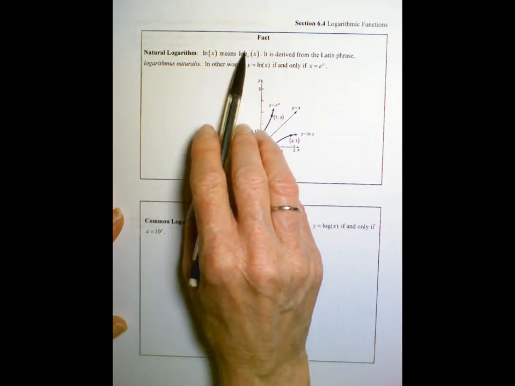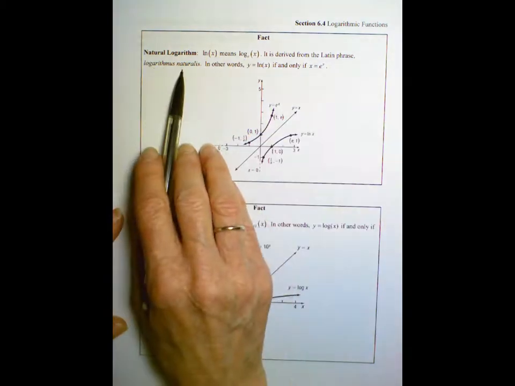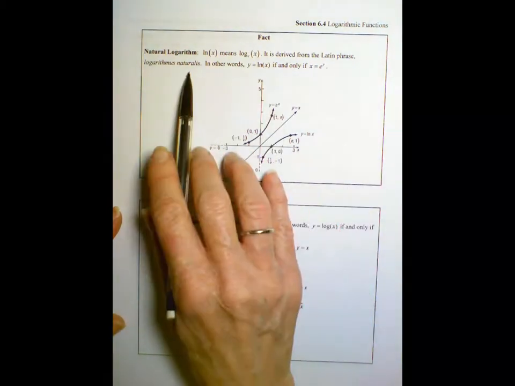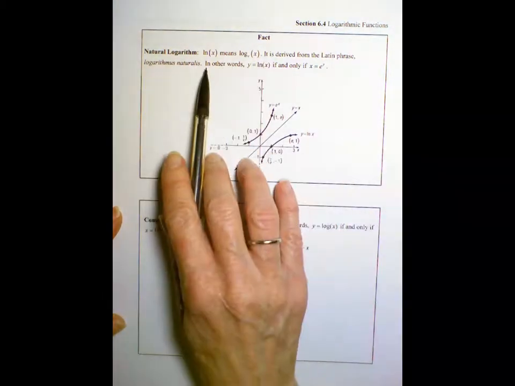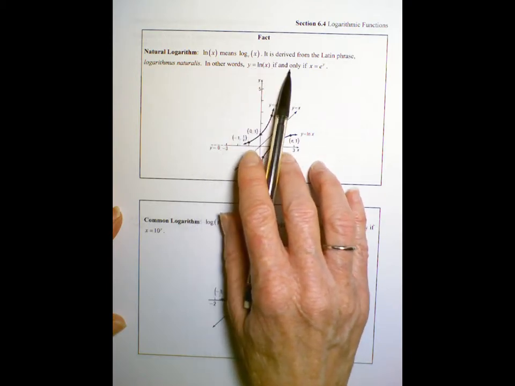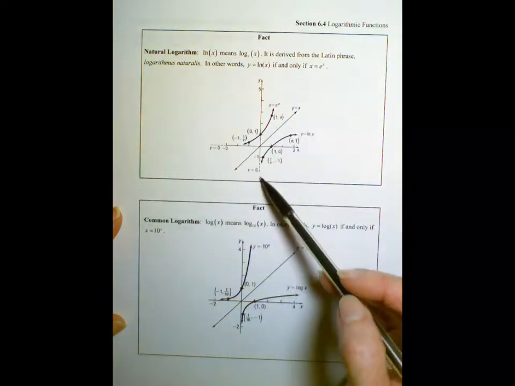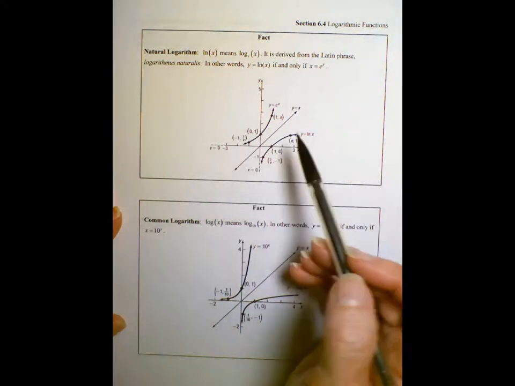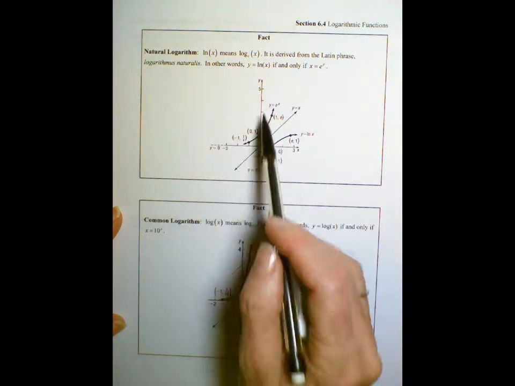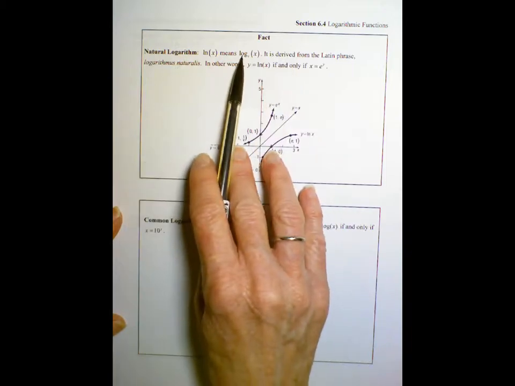We don't write log base e, we write ln, because that refers to the natural log, because as I said, the base e occurs a lot in nature. So in other words, y equals the natural log of x if and only if x equals e to the y. You see visibly it looks just like what we did when we had a base of 2. But now we don't call it the log base e.